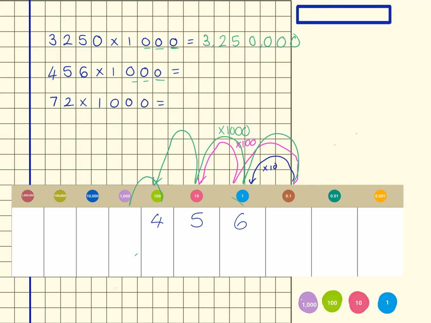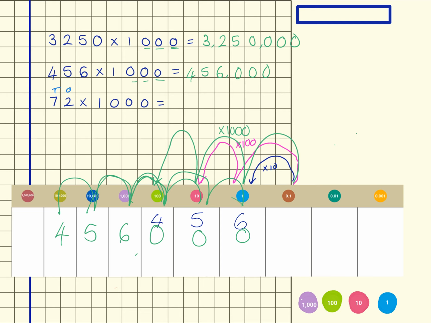So 1, 2, 3, so the 4 ends up here. 1, 2, 3, the 5 here, and 1, 2, 3, and the 6 here. And then obviously those zeros go in until you get to the ones column, and then you stop. So we end up with 456,000.